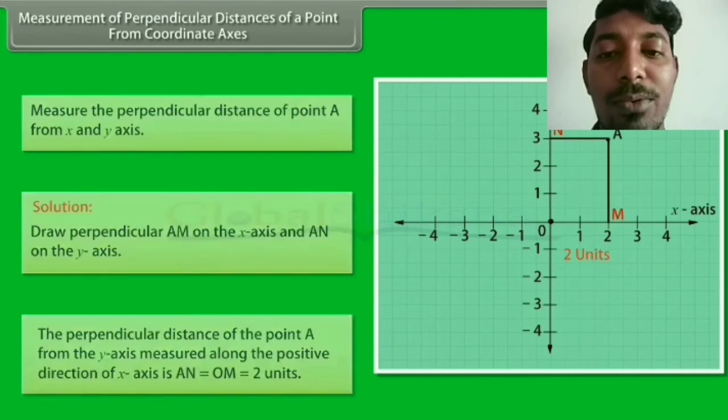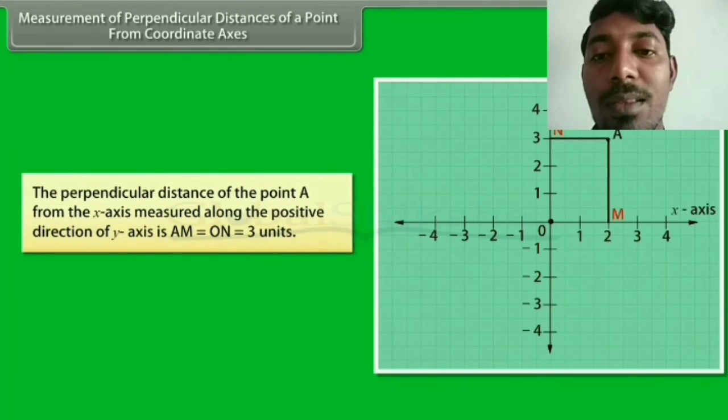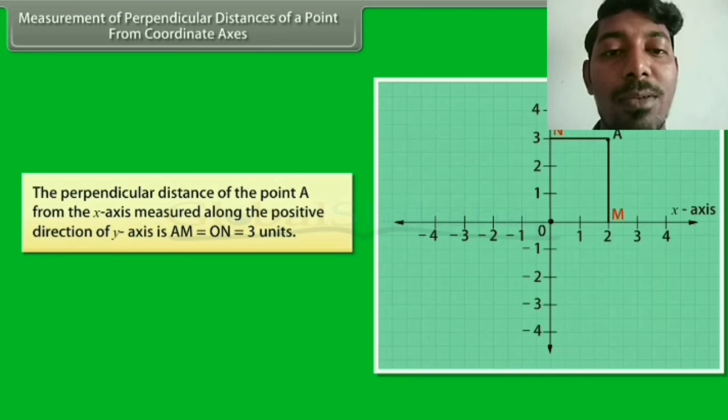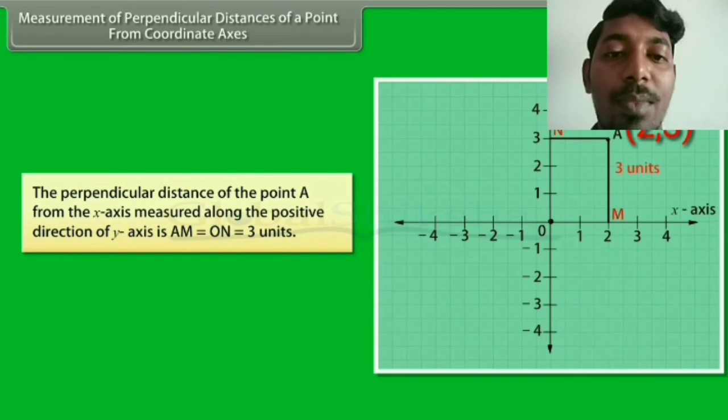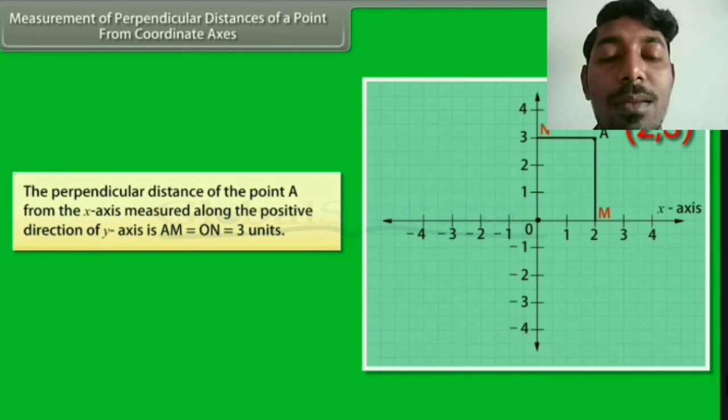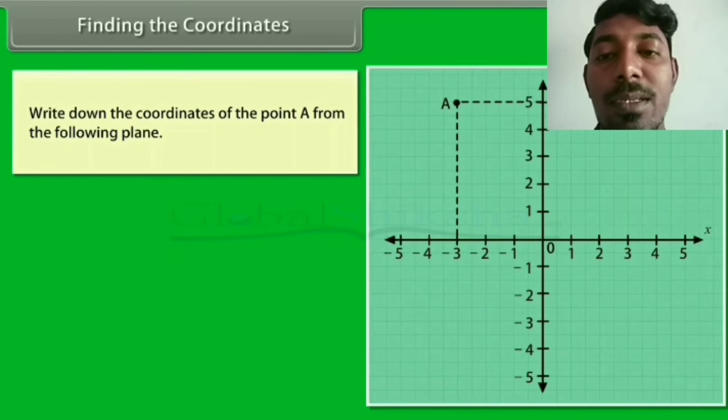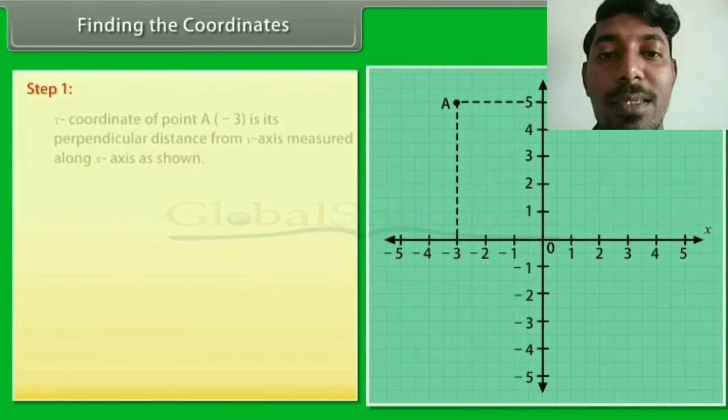So OM is 2 units, and similarly the perpendicular distance of point A along the y-axis is ON, equal to 3 units. So the Cartesian coordinates of the point are (2, 3).